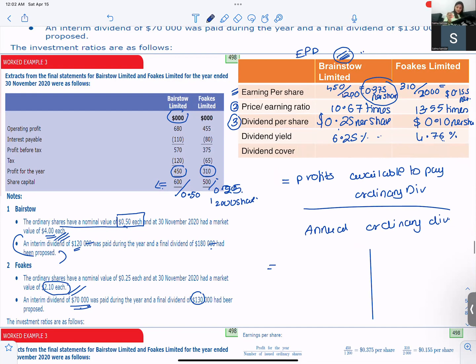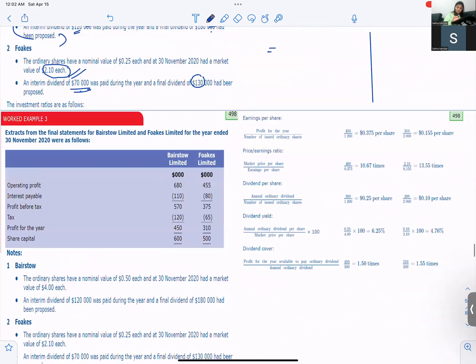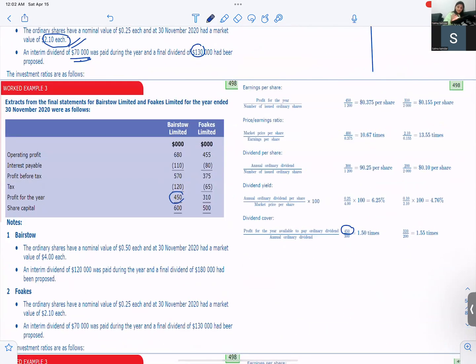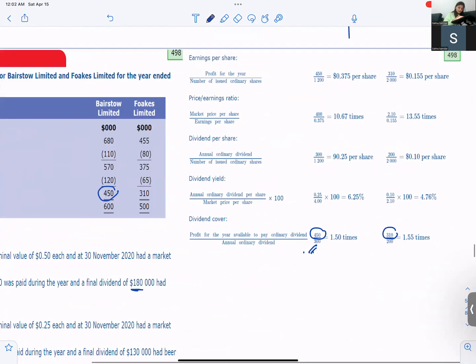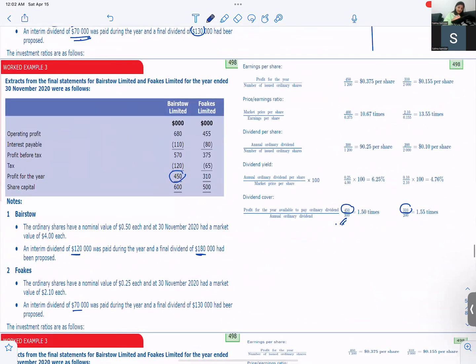So what is the profits that is available to pay ordinary dividend for dividend cover ratio? It is 450, and for Folks it is 310, divided by annual ordinary dividend. So it was 120 divided by 180, that is 300 over here, and it was 70 divided by 130, it's 200 over here.